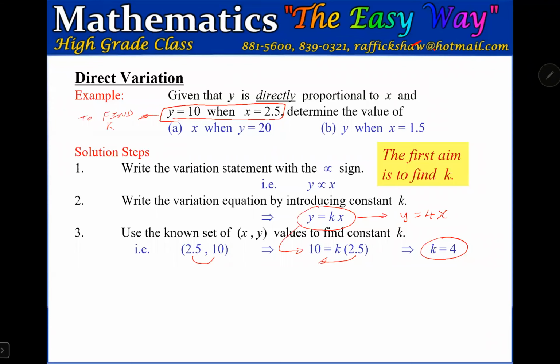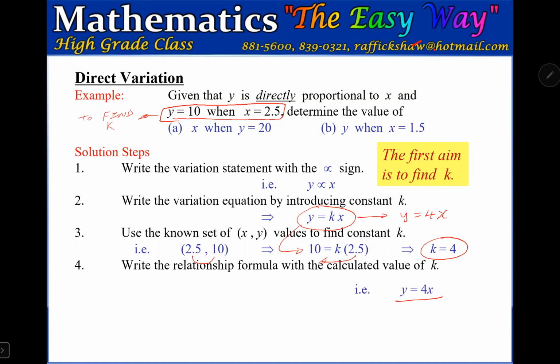And then you use this formula to answer this question up here and that question up here. That's what you do next.